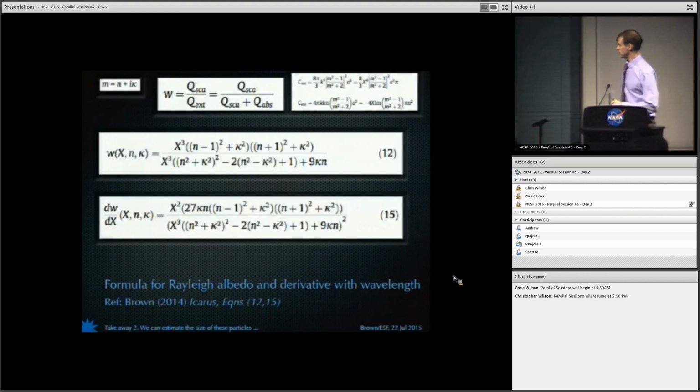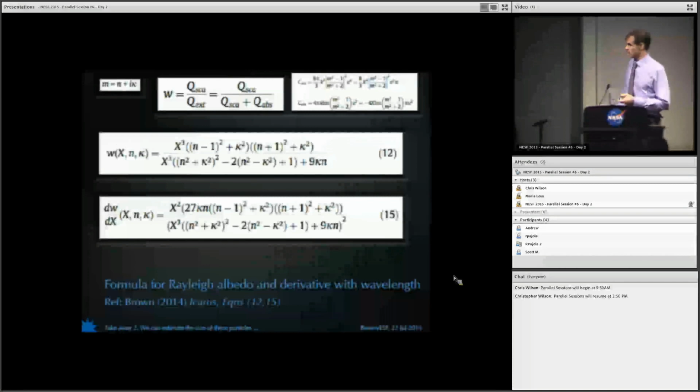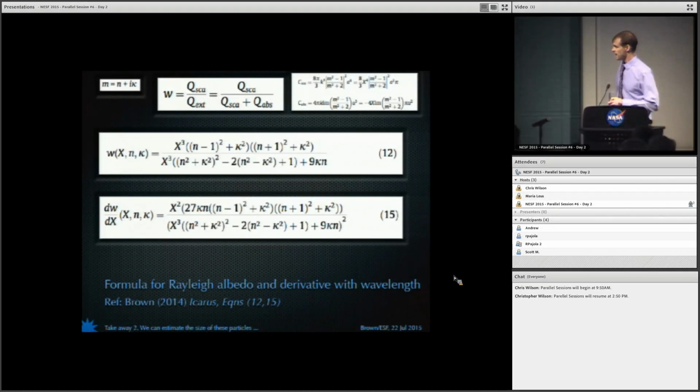Second takeaway is we can use this peak, in fact, to estimate the size of particles. And this is all gone into in extensive detail in my paper. And you really need to just take away that we have derived an analytical relationship to give us the most likely grain sizes as a function of wavelength, including optical constants of n and k, or n and kappa.